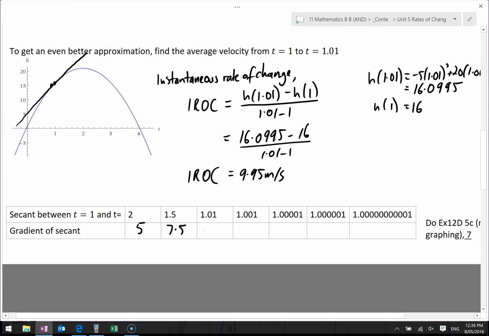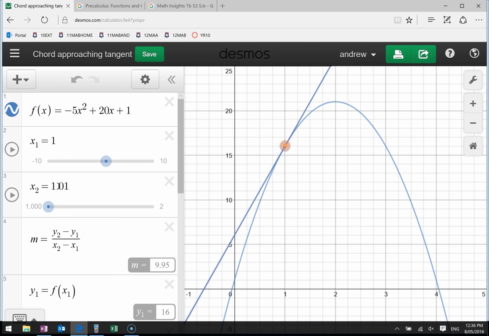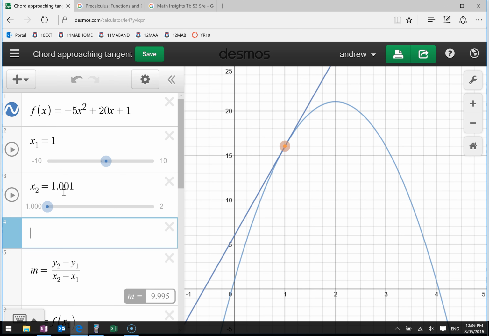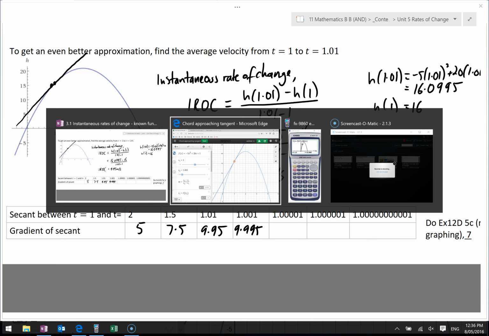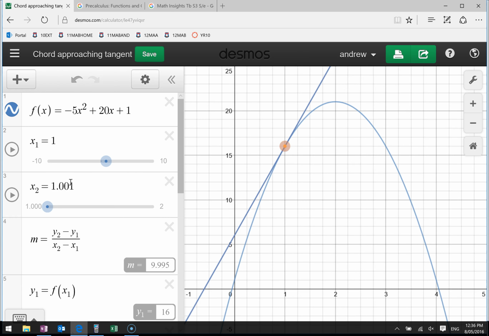Yeah, that last one we did was 9.95. And then we could go to these further extremes. So 1.001. Okay, I'll get 9.995. I need 4 zeros now.